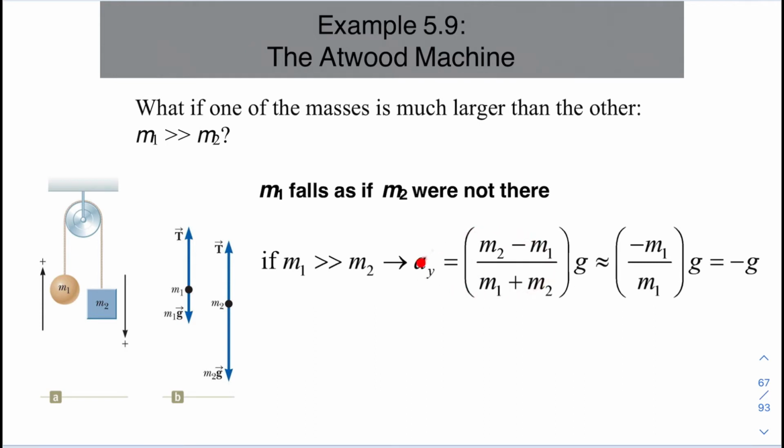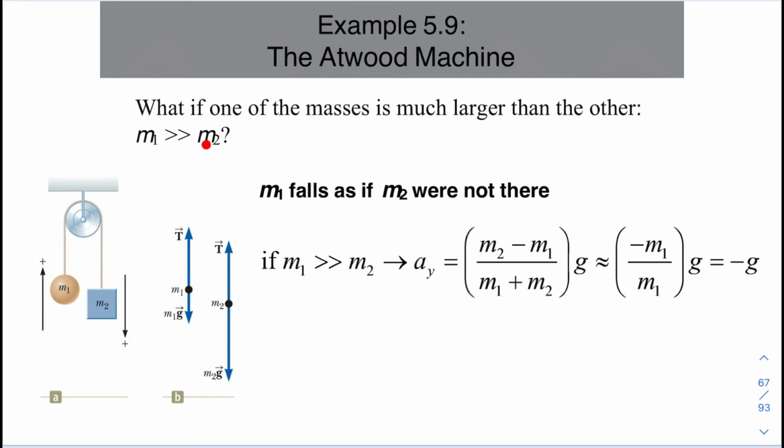So this whole part of the equation can more or less be simplified to M1 over M1, right? Because M2 is too small, let's say 20 gram compared to 20 kilogram. The 20 gram has no effect on the equation. That is why the formula simplified to this.